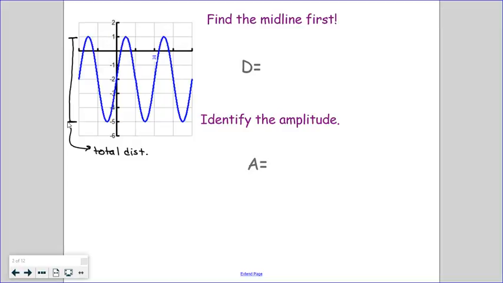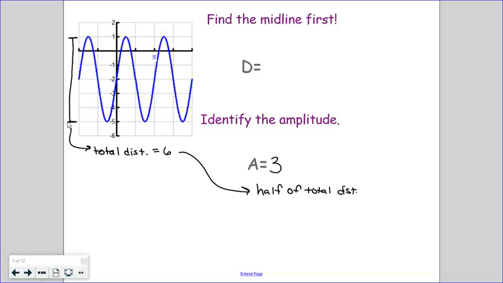If I were to sit there and count that, our total distance would be 6. So how do we then figure out our amplitude and our midline from that if that's something you've been having a hard time with? Well, your amplitude comes from half of that number. Okay, well, if our total distance is 6, our amplitude is 3.